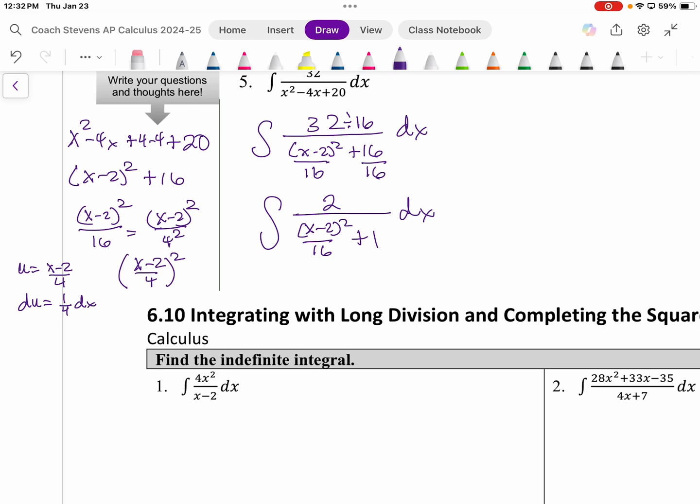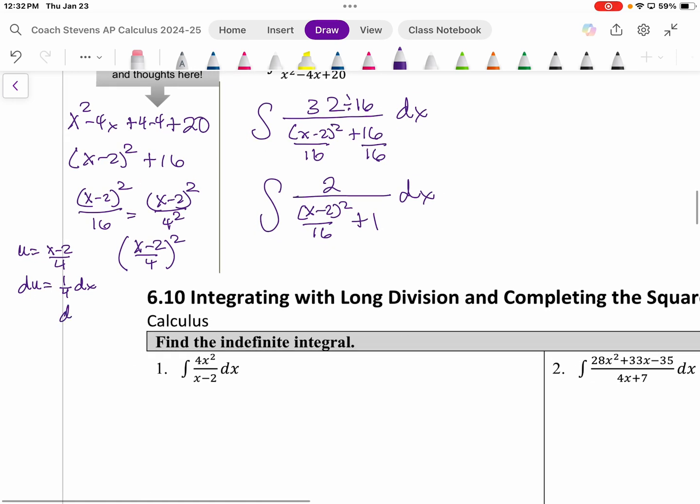Now, if you want to split it up as x over 4 minus 2 over 4 and then take the derivative, you can. But here I'm just thinking, hey, that's really just going to be 1/4. So dx is equal to 4 du. Now we're ready to substitute in.